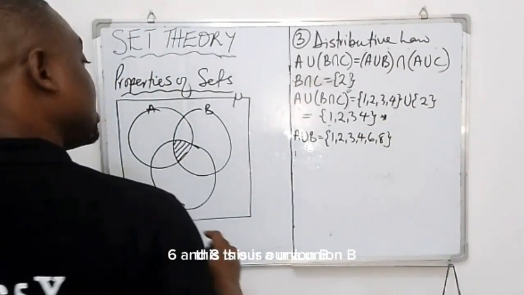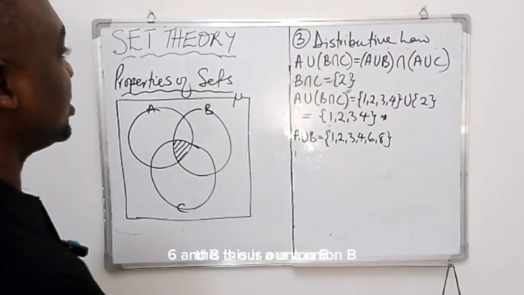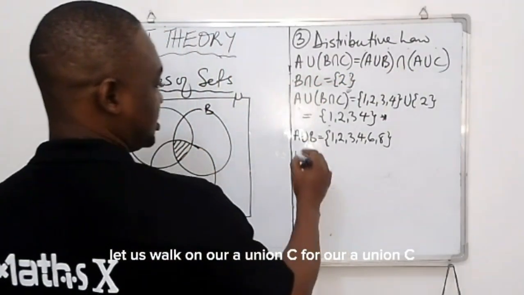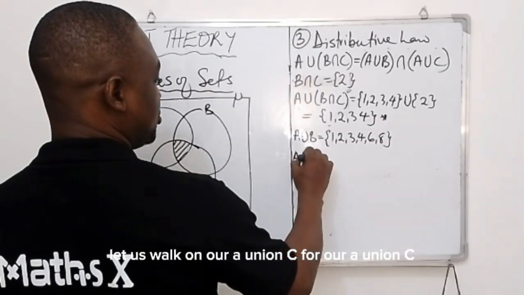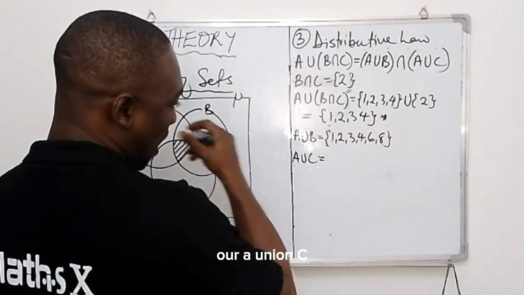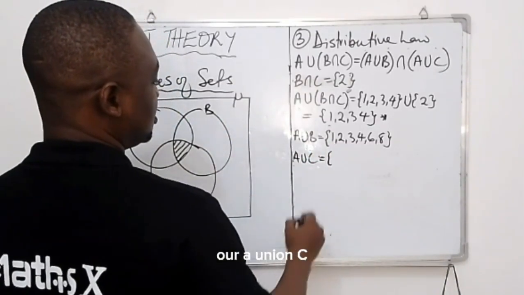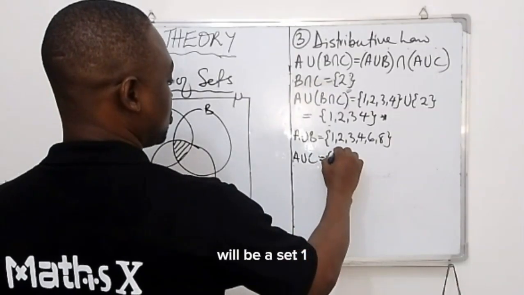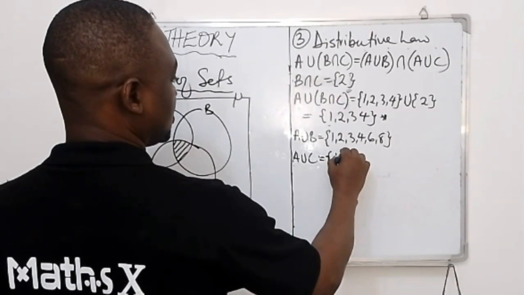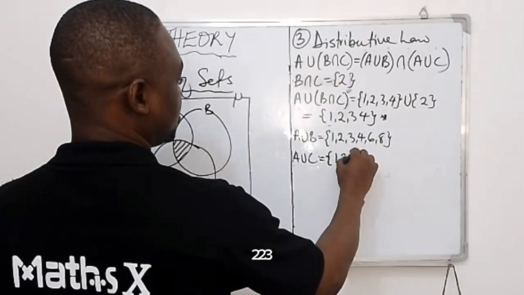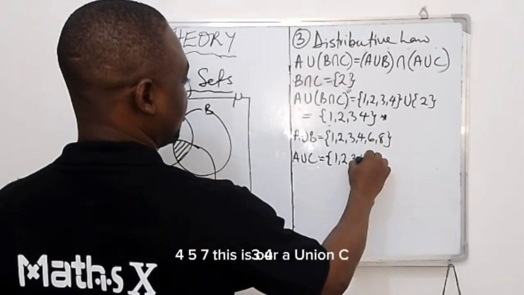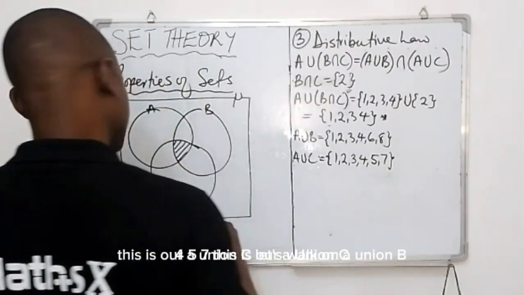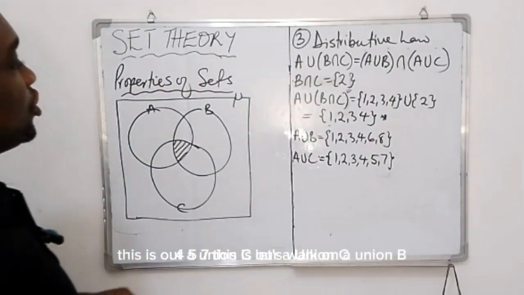This is our A union B. Let us work on our A union C. Our A union C will be the set 1, 2, 3, 4, 5, 7. This is our A union C.